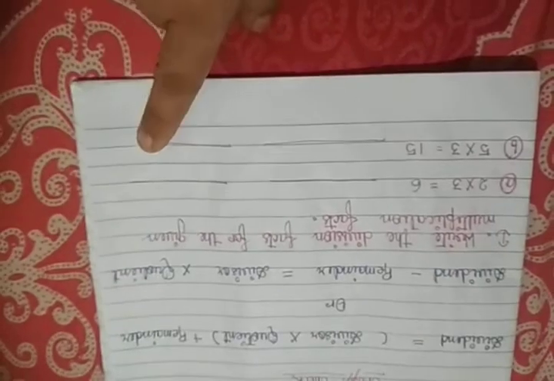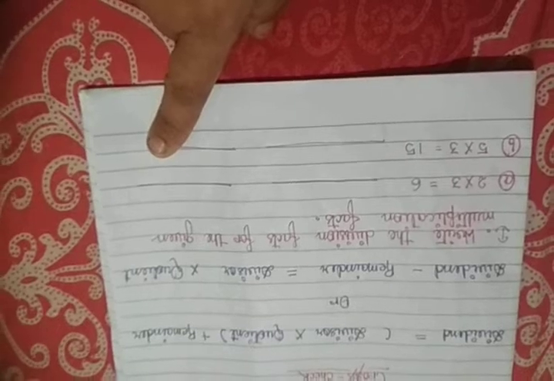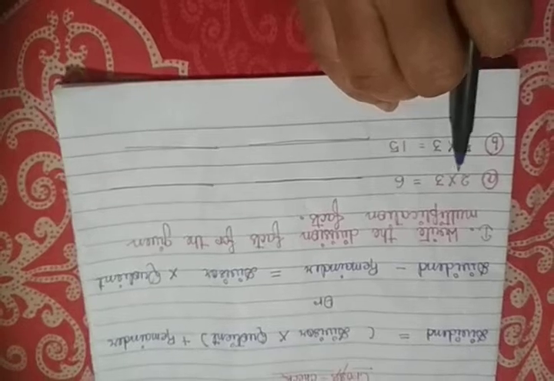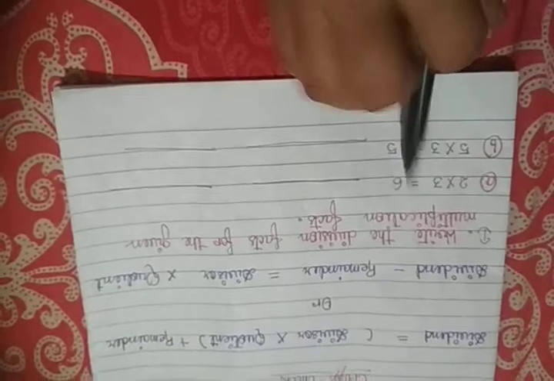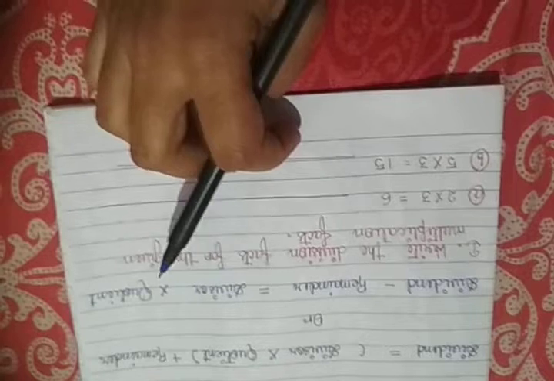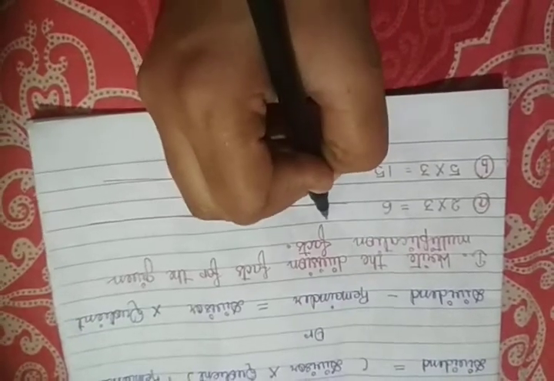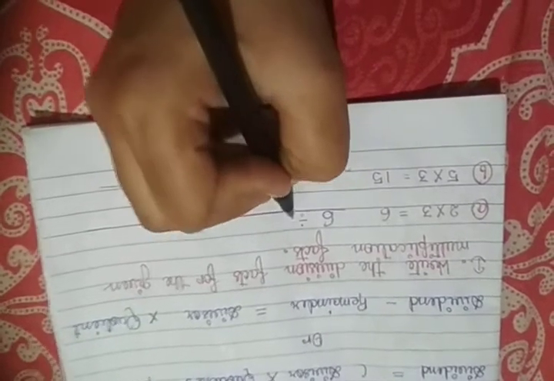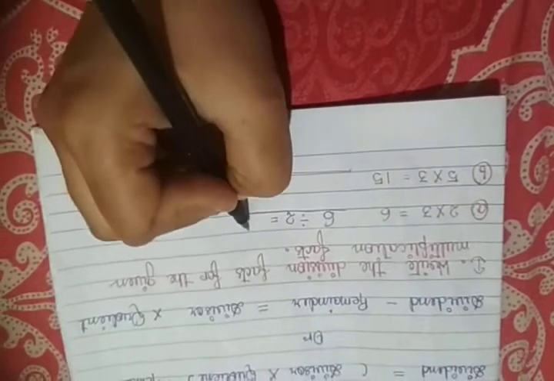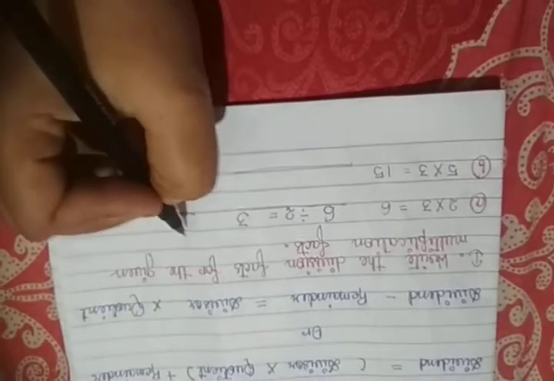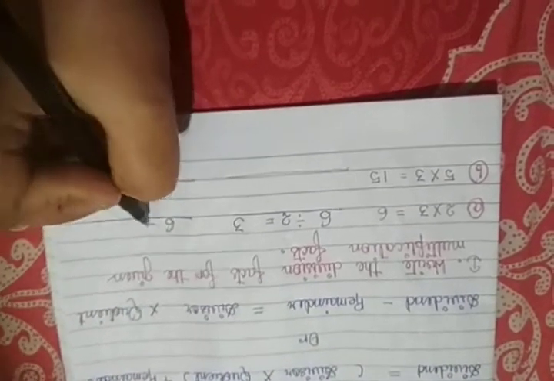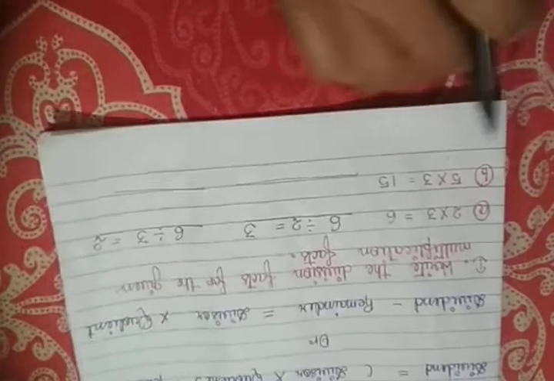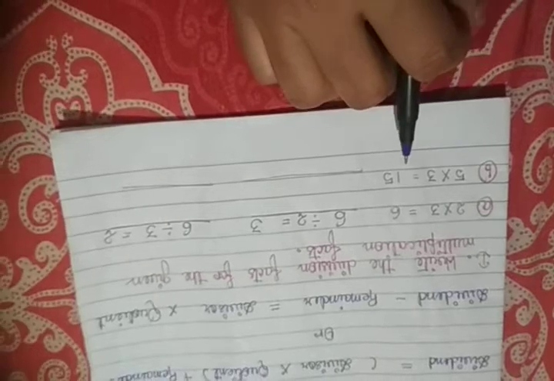Let us solve this example. Write the division facts for the given multiplication fact, that is 2 multiplied by 3 is equal to 6. So we can write it as 6 divided by 2 is equal to 3, or 6 divided by 3 is equal to 2. 5 multiplied by 3 is equal to 15.